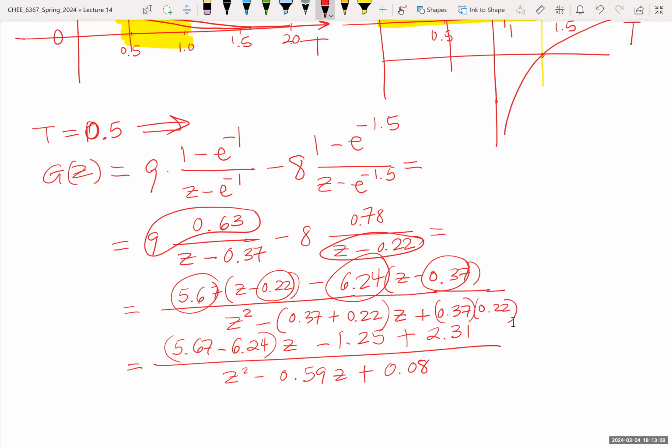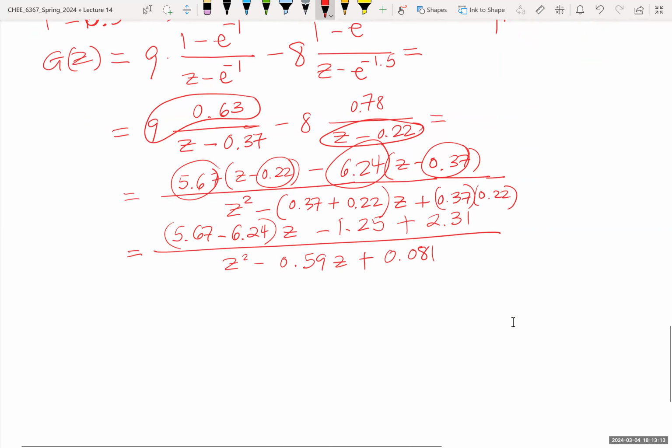Okay, one more digit. Okay. All right. And then the numerator finally is 5.67 minus 6.24. It's minus what?